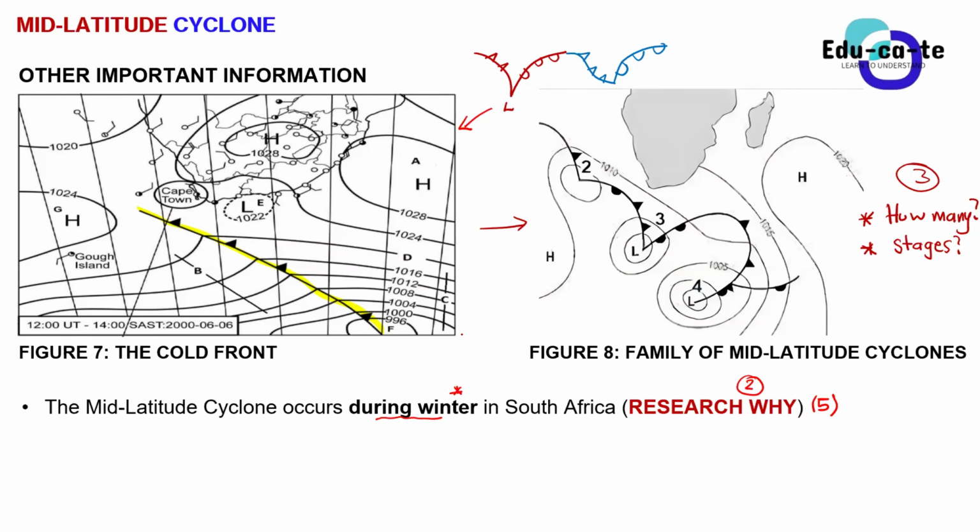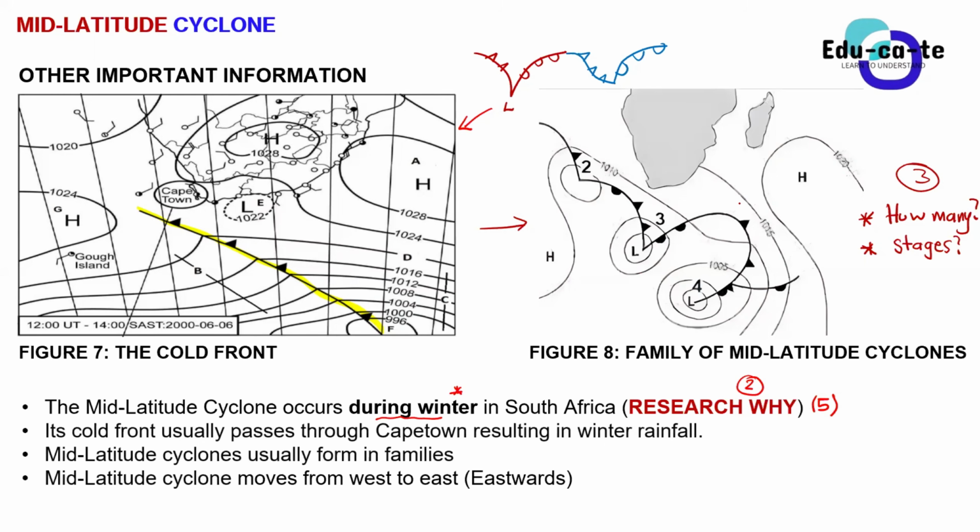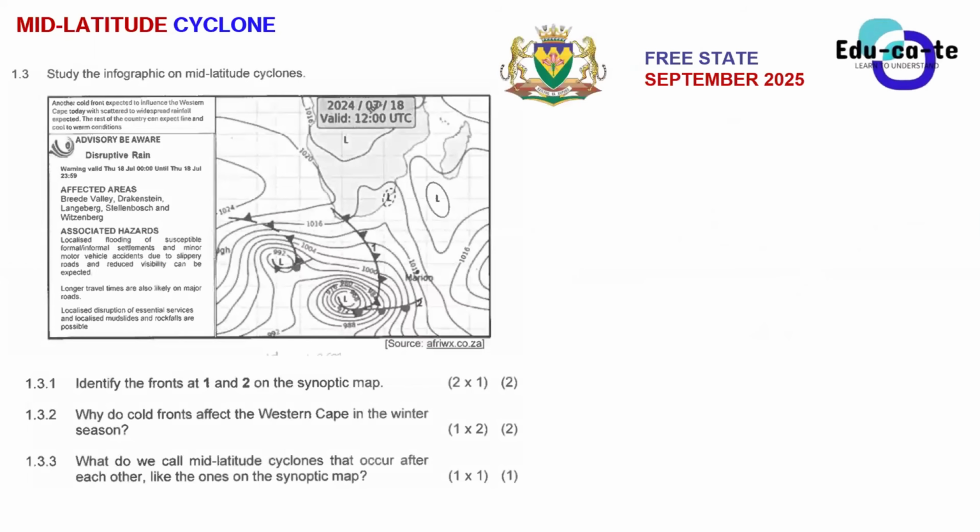Activity number 3, looking at figure 8, you're going to identify how many mid-latitude cyclones we have, because I've told you that they are connected to each other. They move in families, and you need to identify the stage of each and every one of them. And then activity number 4, it's actually this one, but I wrote 5, it's fine, is these 3 questions.